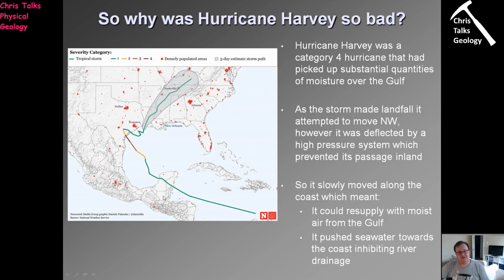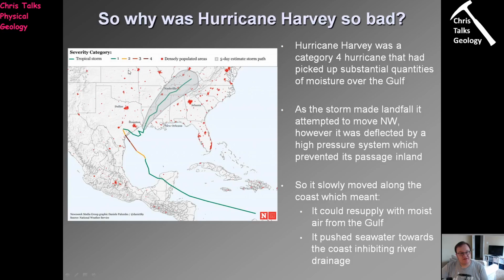As the hurricane moves across the Gulf of Mexico, what does it do? It picks up warm, moist air, and that makes the hurricane become more and more powerful. Normally as the storm makes landfall, it would hit land and just try to follow its path. But there was a bit of a problem.